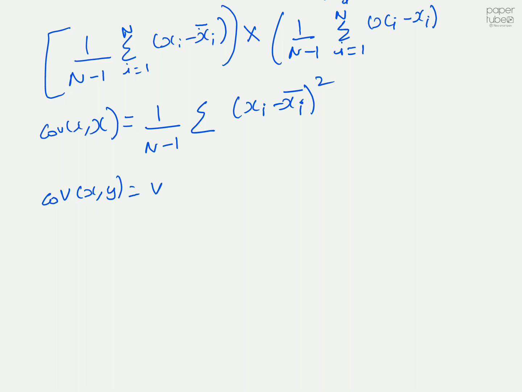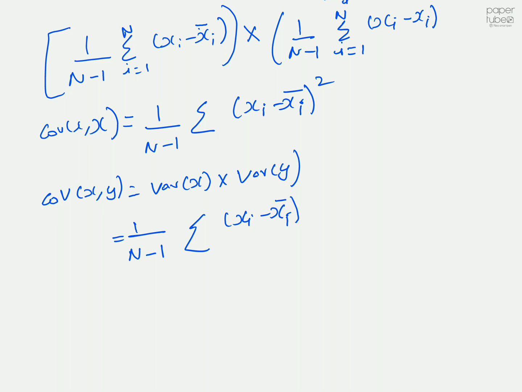And similarly, you can write the covariance of x comma y. This is like the variance of x multiplied by the variance of y, which should be equal to 1 by n minus 1 summation of xi minus the average of xi, multiplied by yi minus the average of all the y's, where i ranges from 1 to n.